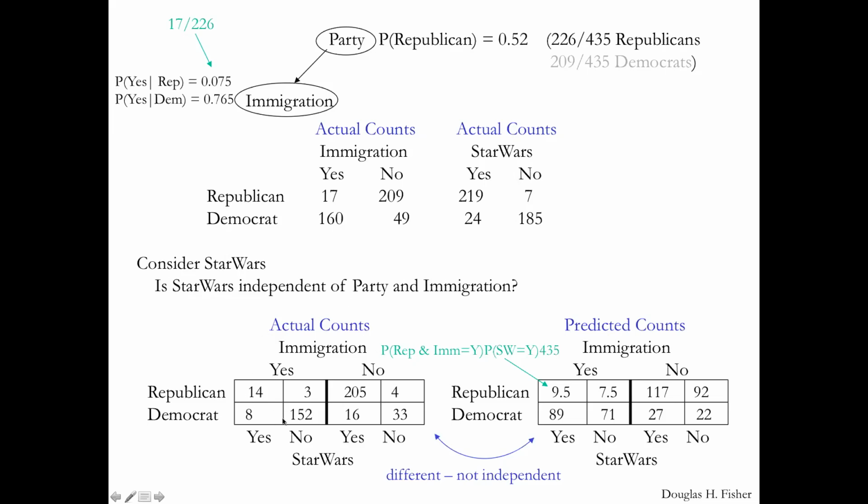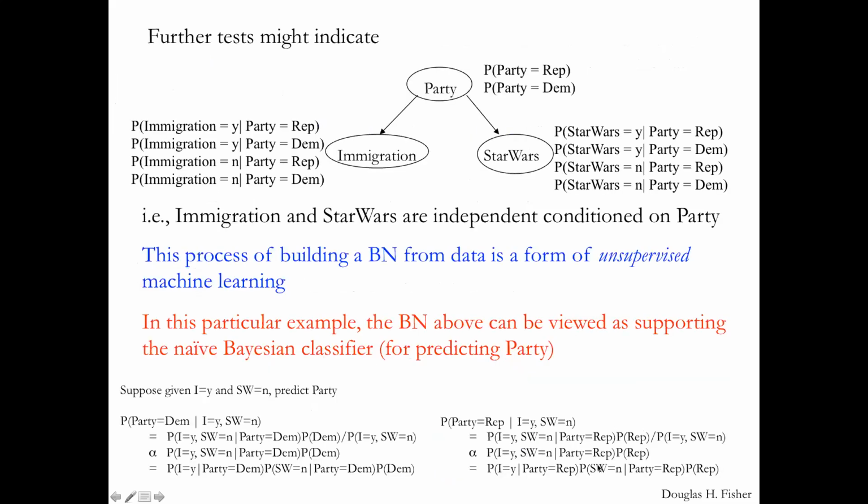But these are the actual counts. And they're different enough that we might conclude not independent. And so in that case, after an initial couple of steps, we would make Star Wars a child of party.